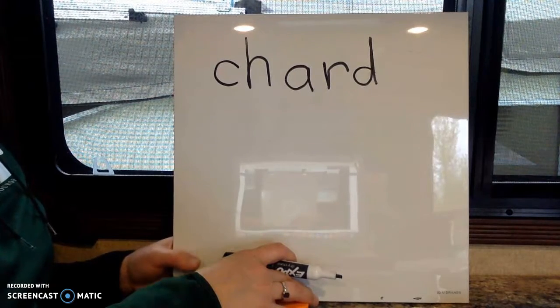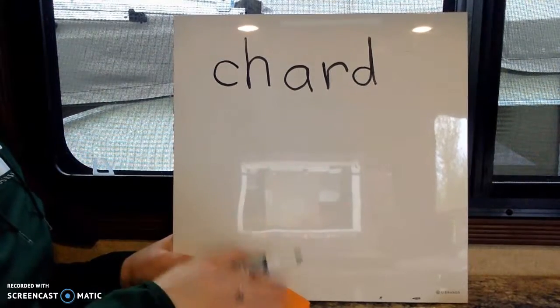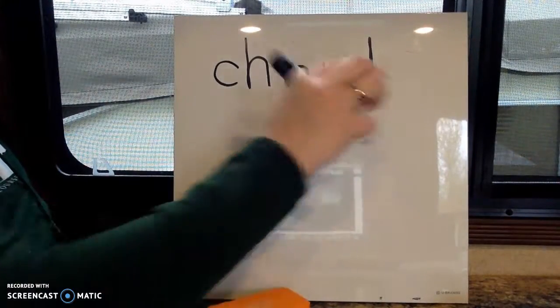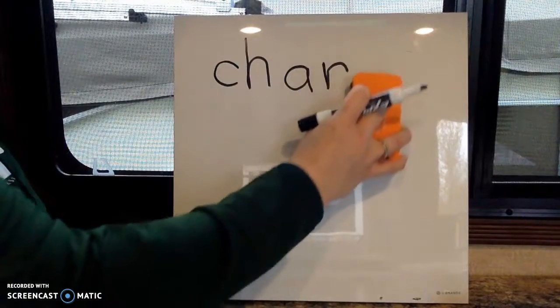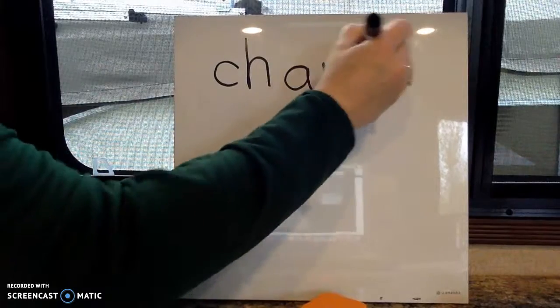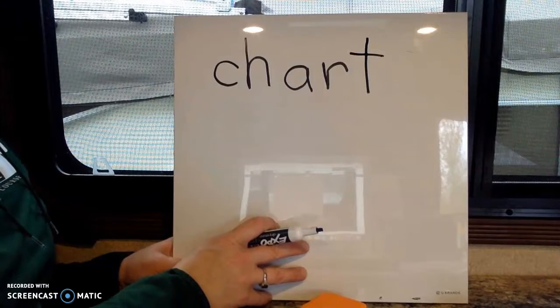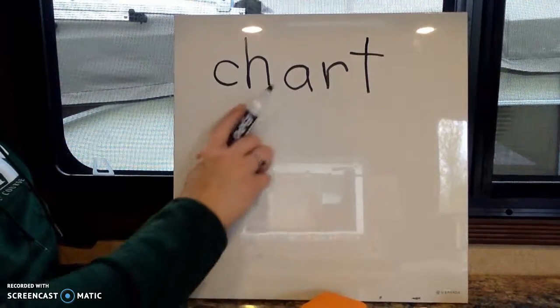Change chard to chart. Chart. That's what's got to change. The D becomes a T. Chart. How about charm? What would we change?